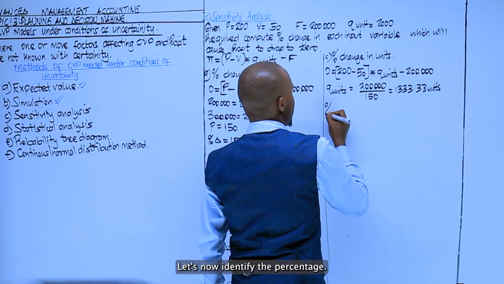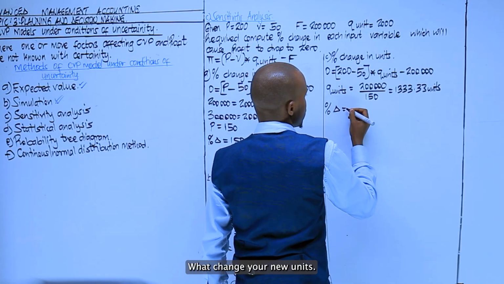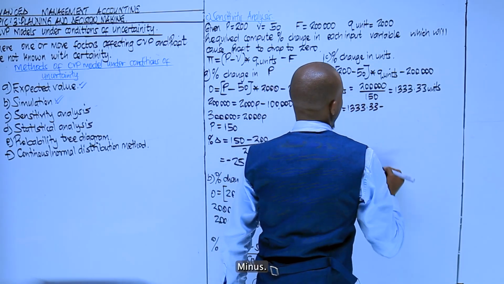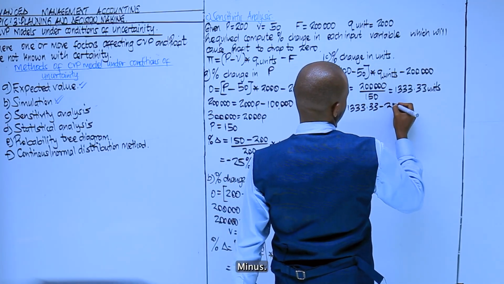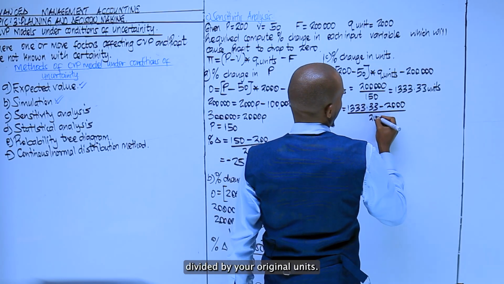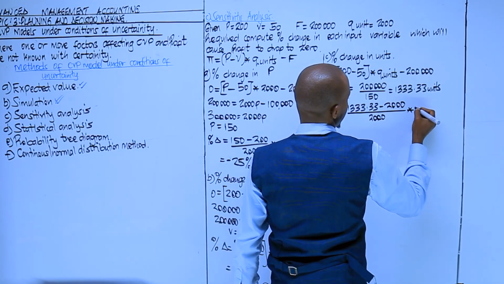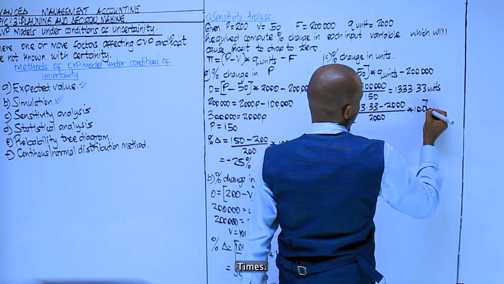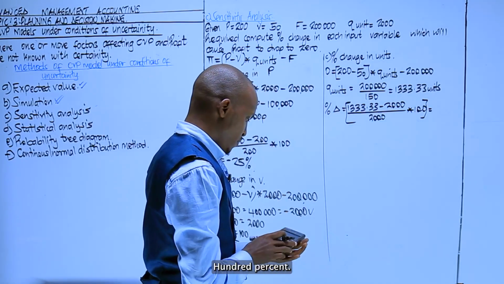Let's now identify the percentage change. Your new units minus your original units, divided by your original units, times 100%.